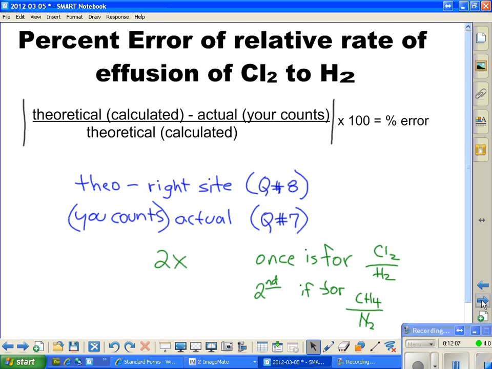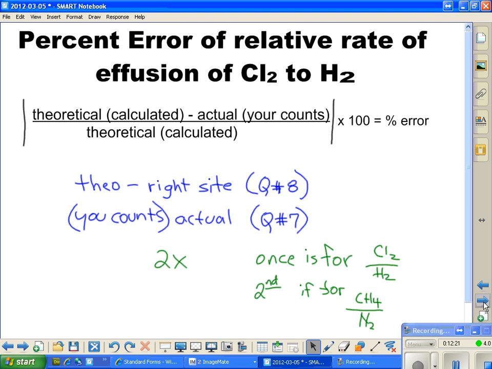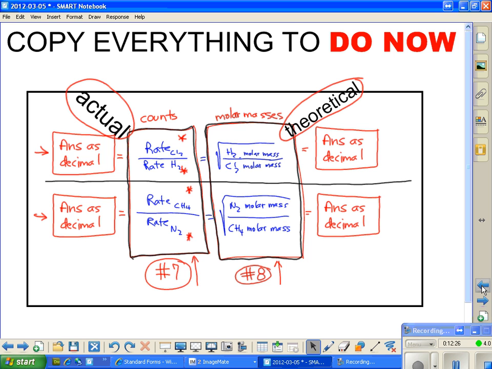And you take the square root, you get a number that will represent the rates. And so the calculated was the right-hand side of this screen, okay, the molar masses side, and the actual is your left-hand side where you did your counts.